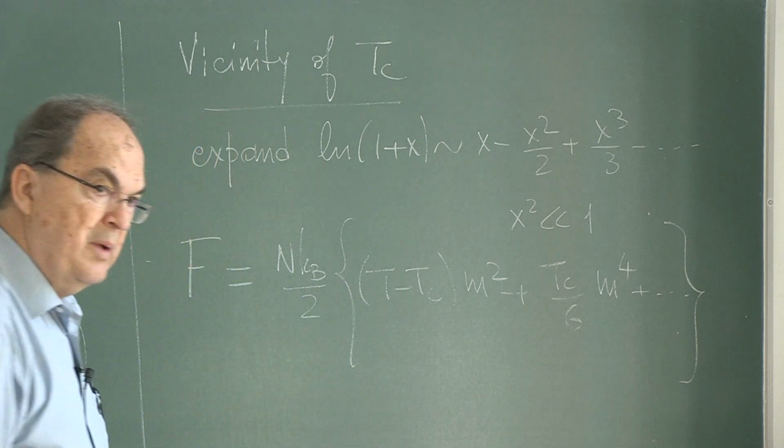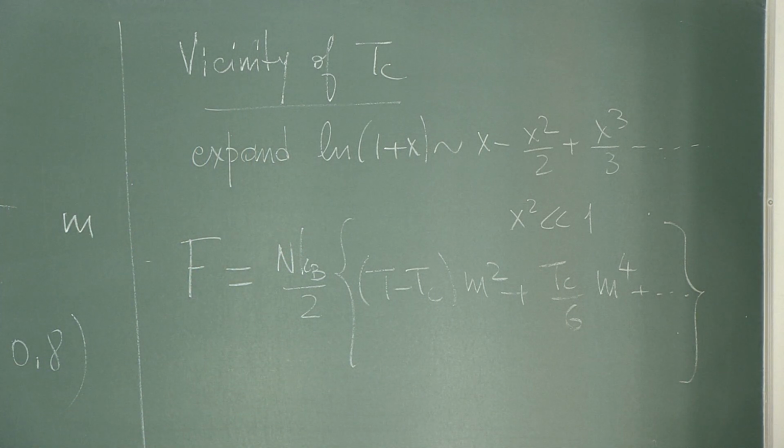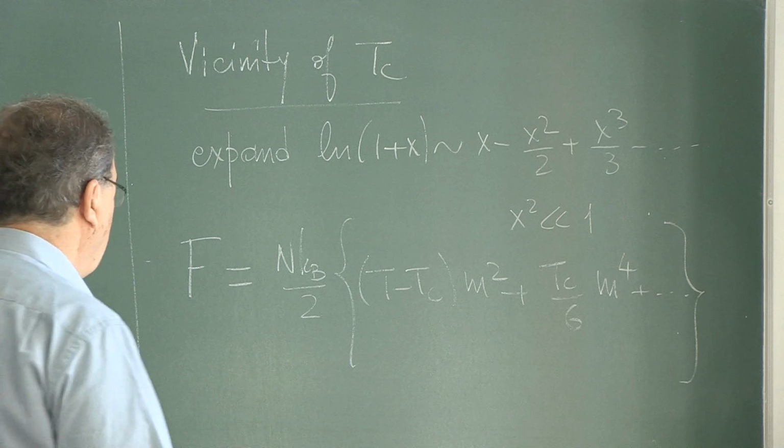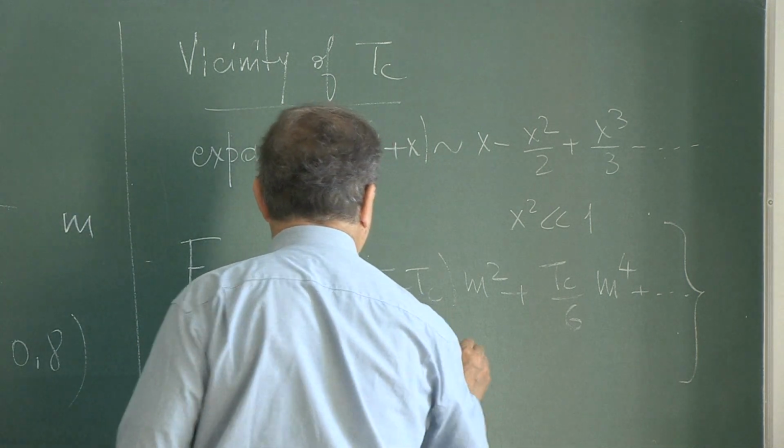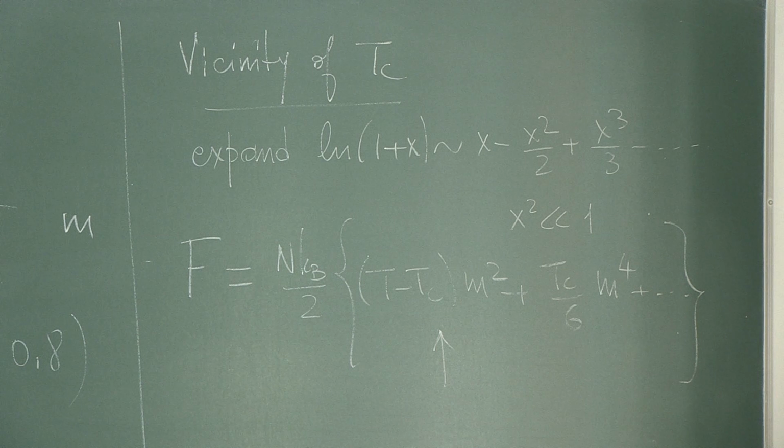You see, we are back to phi to the 4 theory. m squared and m to the 4 appear. And the essential information is here. The coefficient of the m squared term changes sign as T goes below Tc or above Tc, isn't it? Above Tc, it is positive. Below Tc, it becomes negative.